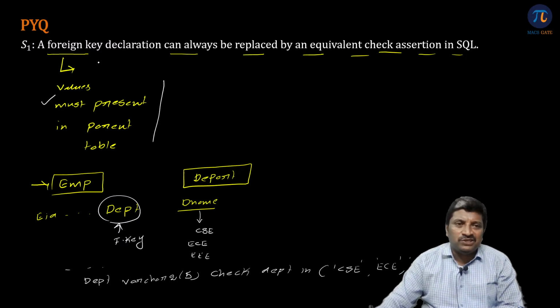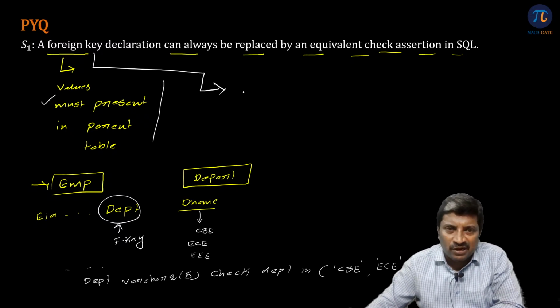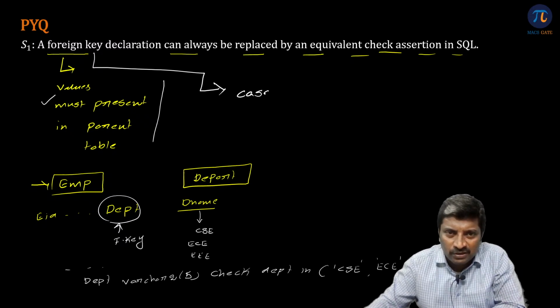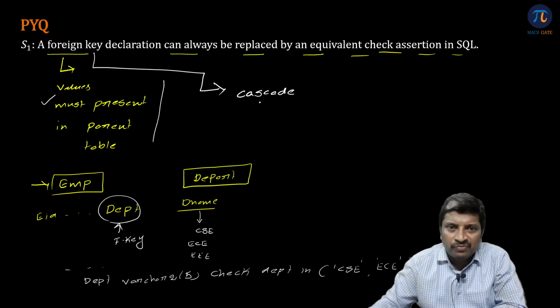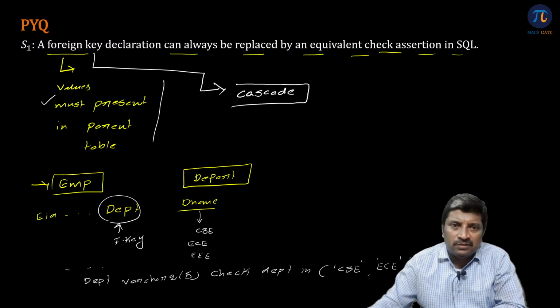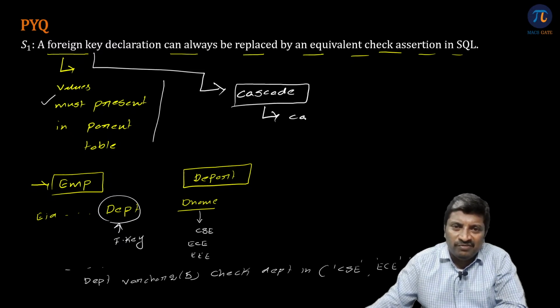So with this, surely the values must be present in these three values. So this condition will be satisfied, sir. But the problem is a foreign key not only has this feature, it also has features like cascading, rollback, on update cascade. These are the options. So this cannot be specified with check constraint.